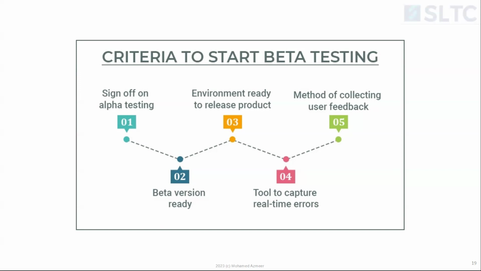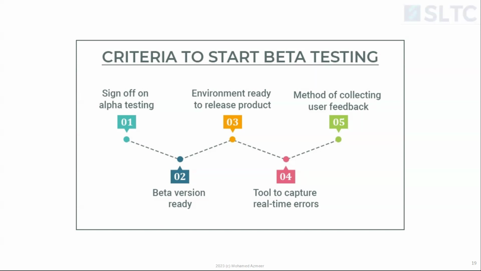Step number 1, sign off on alpha testing, meaning alpha testing is done and the beta version is going to come out. Number 2 is getting hold of the beta version. Number 3 is the environment being ready to release the product. So you need to inform the customers and send them some literature on setting up the computers and whatever. So the environment is now ready.